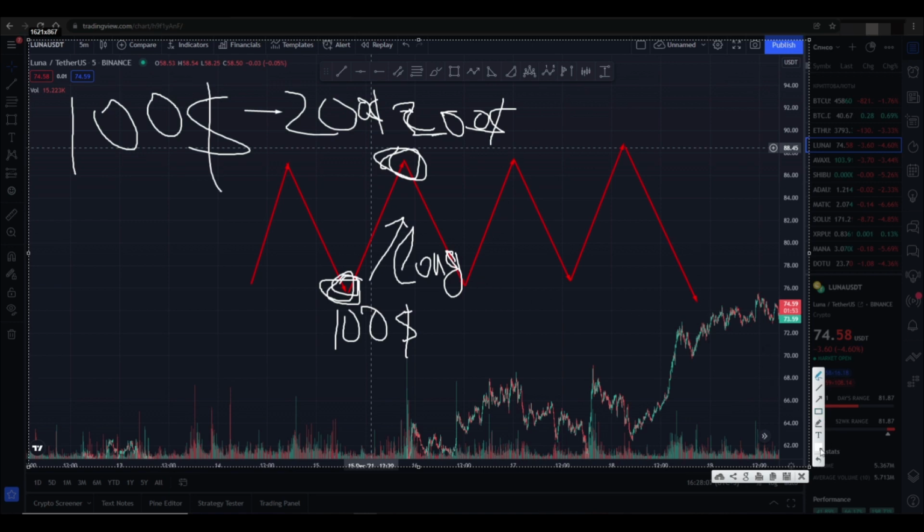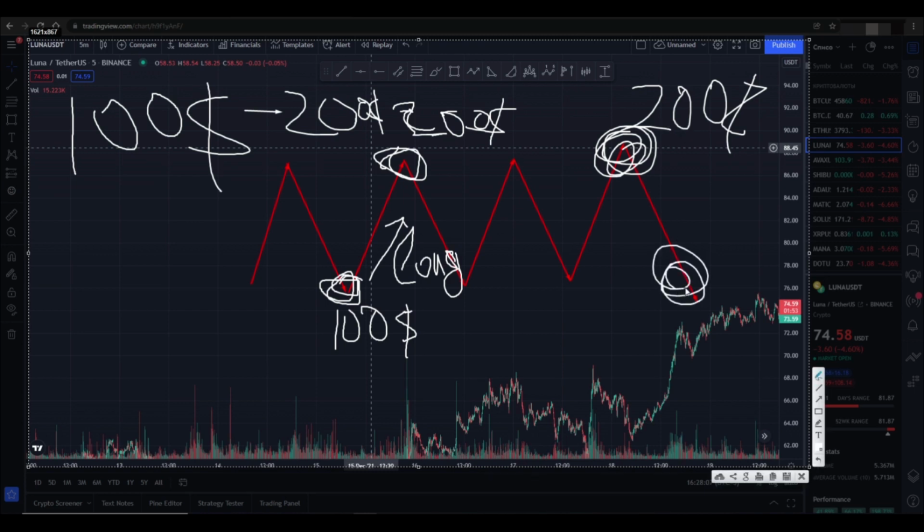And the same, let's say you're expecting that the price will go down. You are here, and here, as we know, the price is $200, and your initial deposit is $100. So you enter the market here and you're expecting that the price will go down, and you close your position here when the price comes to $100.